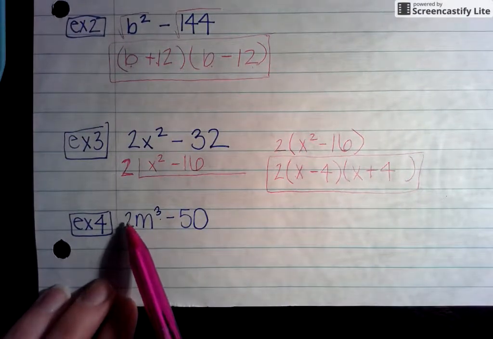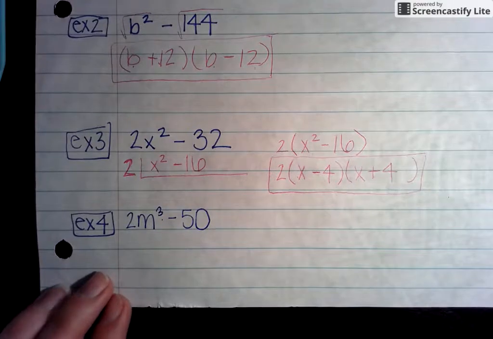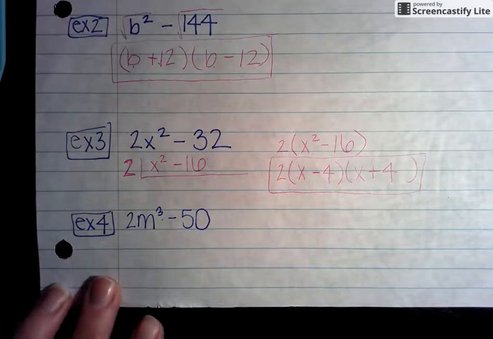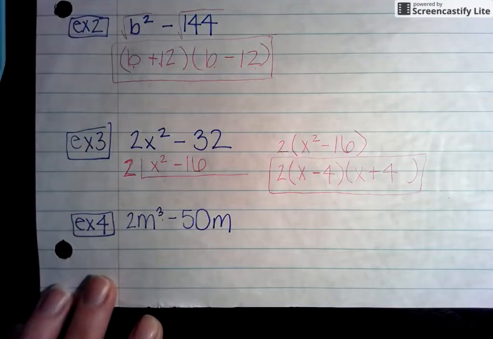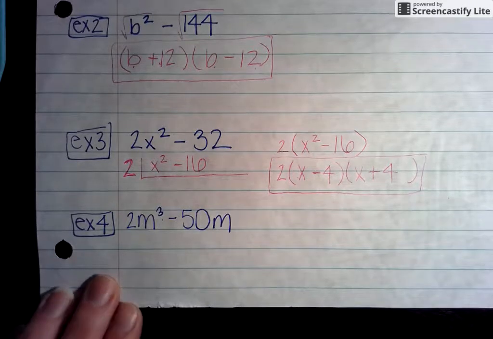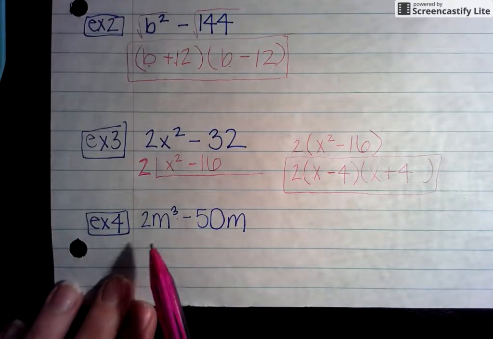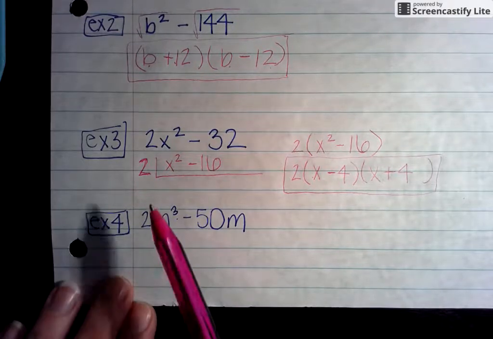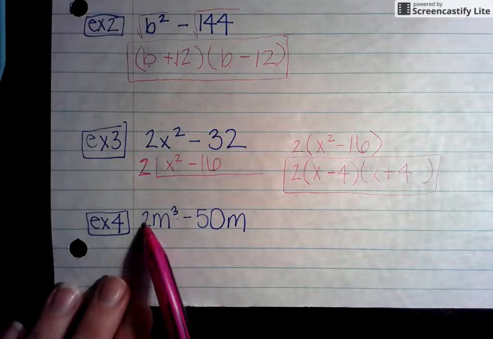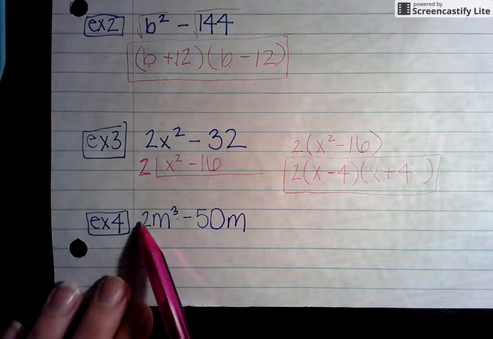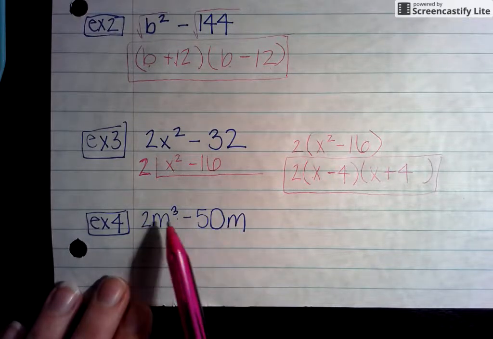Now with this one, I'm going to include another m. So I have 2m to the third minus 50m. In this case, I want to see if I can factor out a GCF, and I can because I can take a 2 out, but I also can take 1m out.